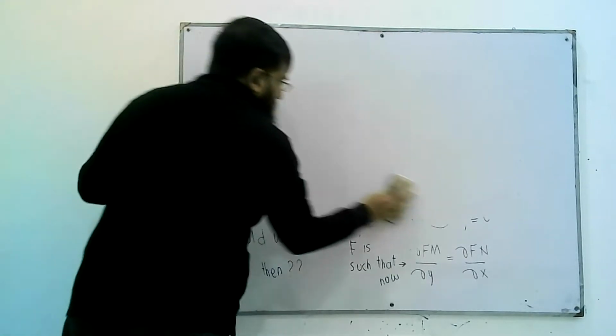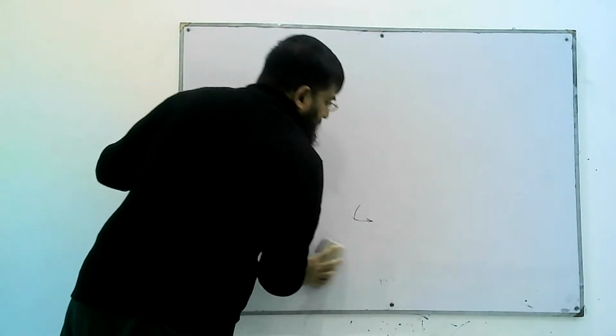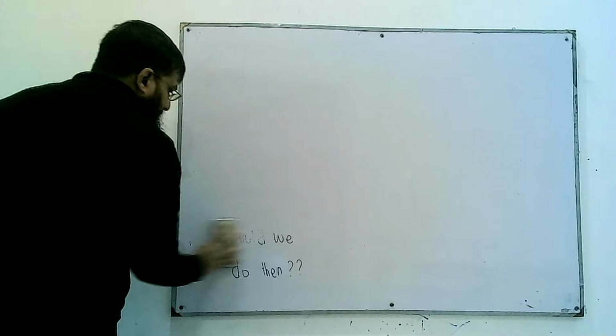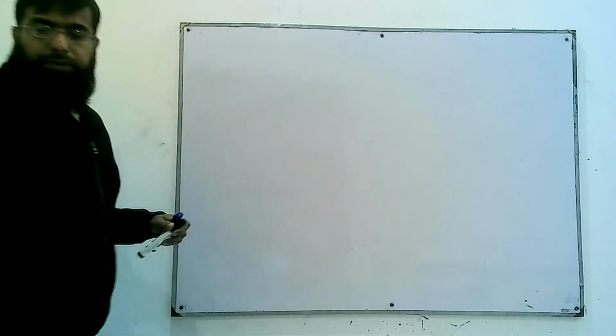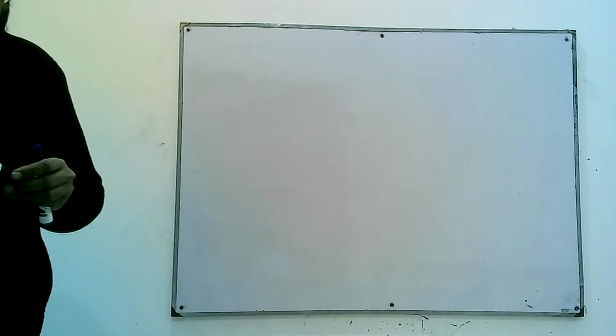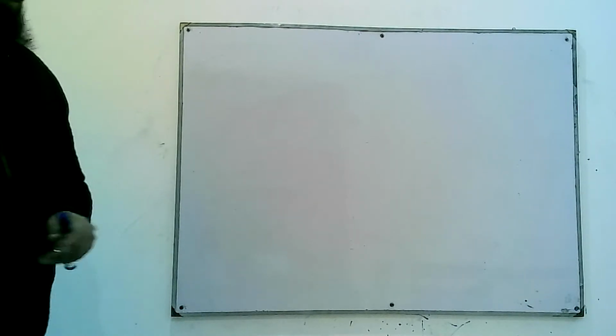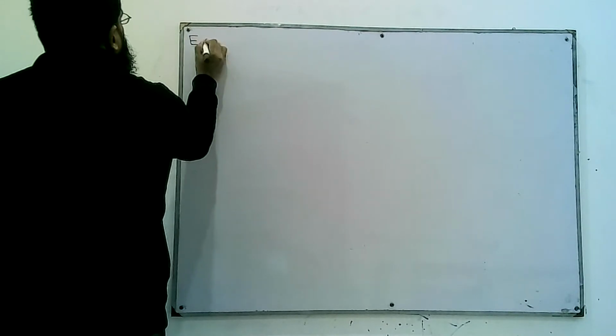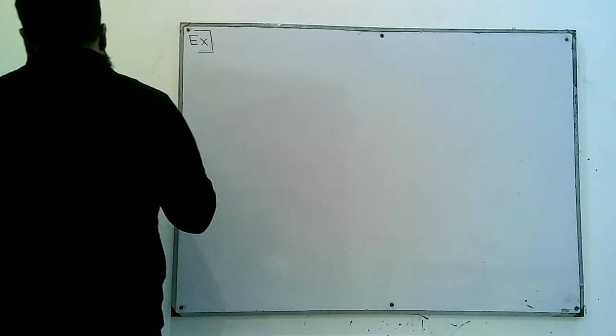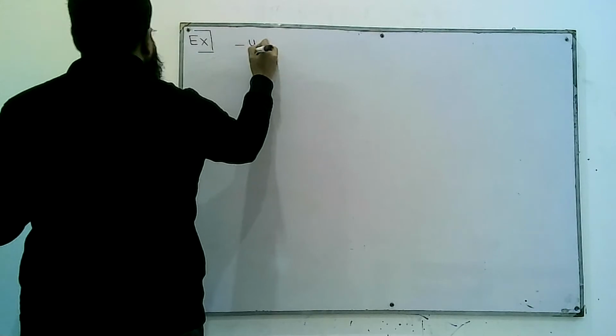So in order to convince ourselves that this trick of multiplying with f really works, we have to solve an example. So now we're going to solve an example where the given ordinary differential equation isn't an exact ODE.